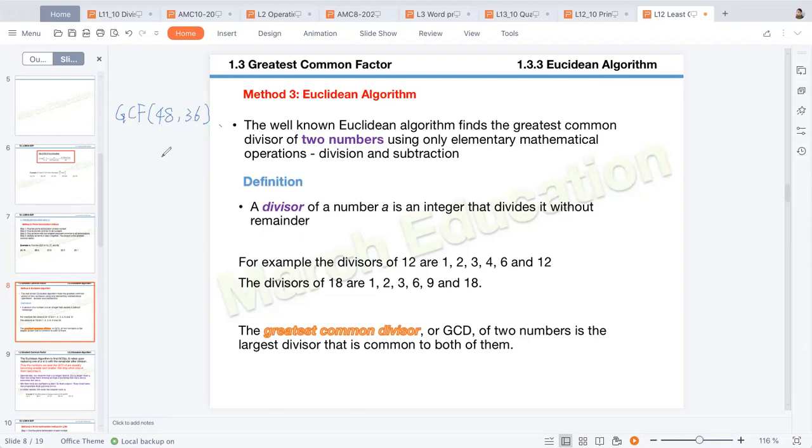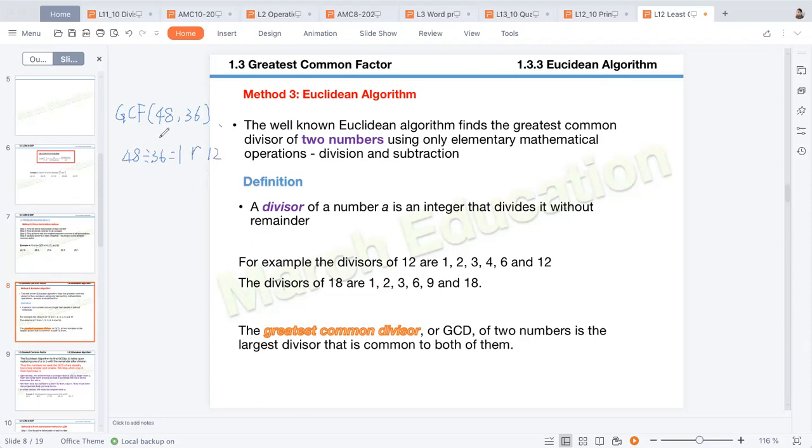How could I do it? I just divide the bigger one by the smaller one. This is the large one, and this is the small one. I divide the larger one by the small one, and I get the answer 1, and the remainder is 12, right?